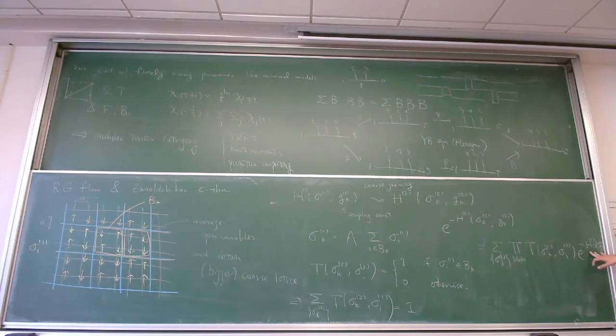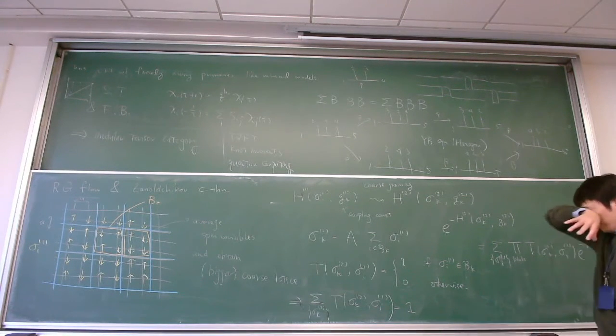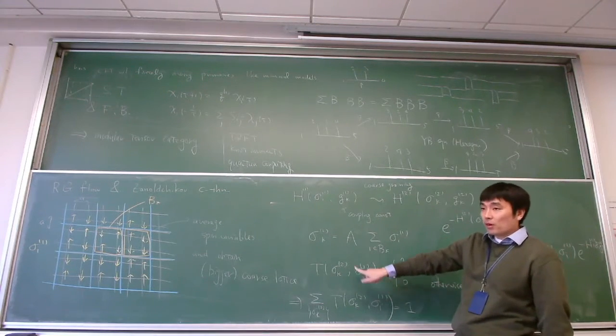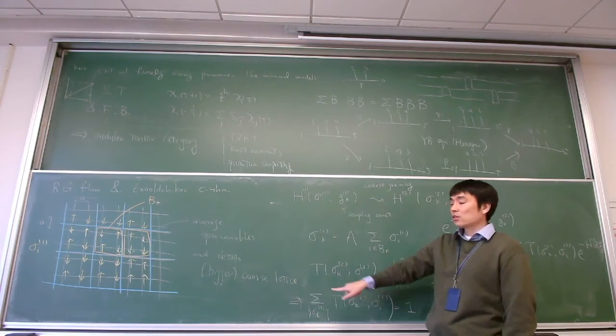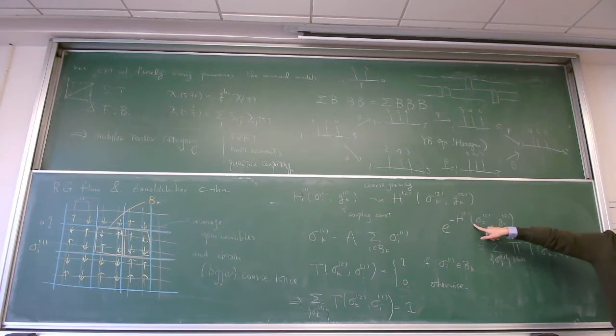So this is the previous Boltzmann factor, multiplied by the T matrix, which connects the old spin variable and the new spin variable. So if you sum over all the spin variables, you get the new Hamiltonian in terms of the new spin variable.